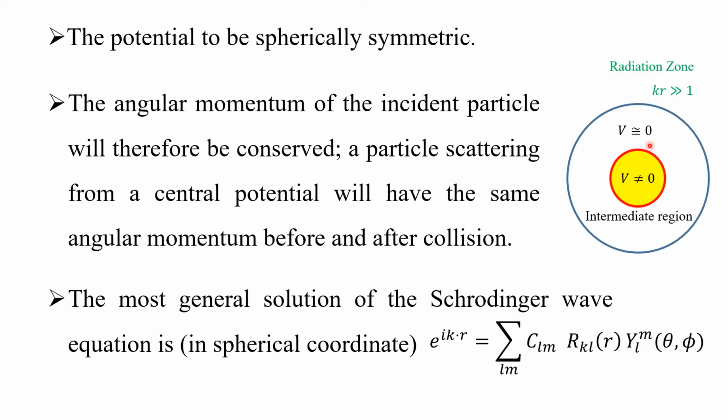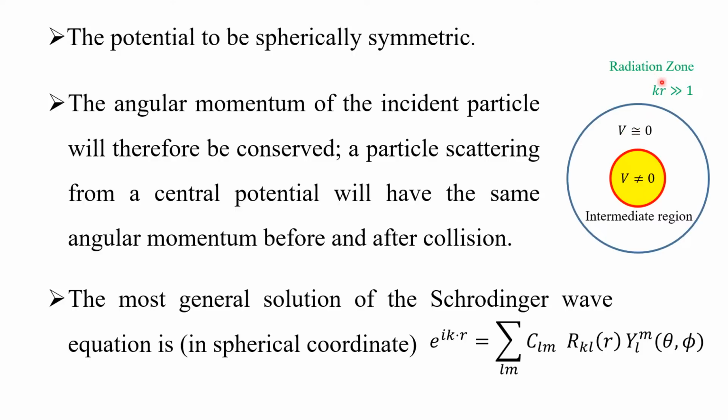The scattering problem can be explained using this simple diagram. I have not drawn it to scale. The inner circle is, in fact, a spherical shape in three dimensions. In the inner sphere you have non-zero potential, which I have shown in yellow shade. The outer region is called the intermediate region, where the potential is zero.